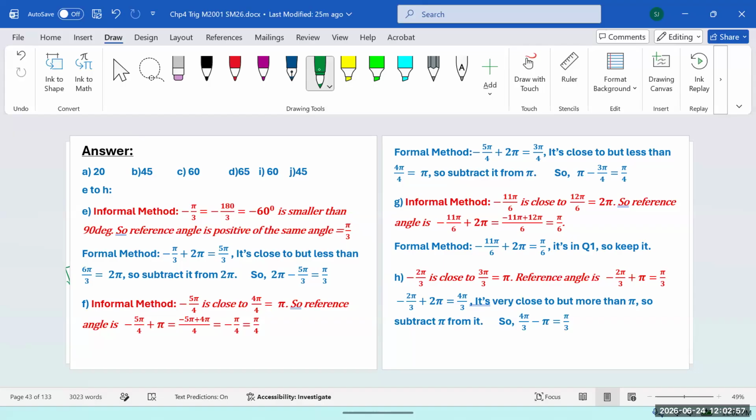So the hardest part is figuring out which one is closest, 1 or 2. If you can figure that out, then it's easy. 5 pi over 3 is closest to 2 pi, so you're going to subtract the 5 pi over 3 from the 2 pi. You always add 2 pi first, and then you always subtract your angle from either 1 pi or from 2 pi.